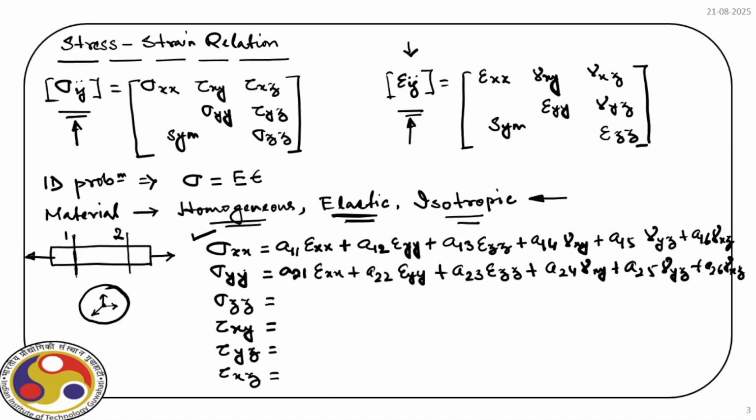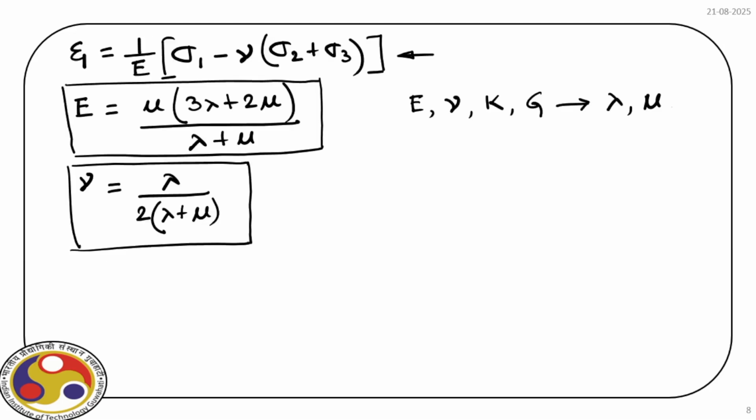So we have this expression here. This is called generalized Hooke's law. And the moment we apply the assumptions here, we reduce 36 constants into two constants, lambda and mu, and we get the expressions for Young's modulus, Poisson's ratio, bulk modulus and shear modulus.